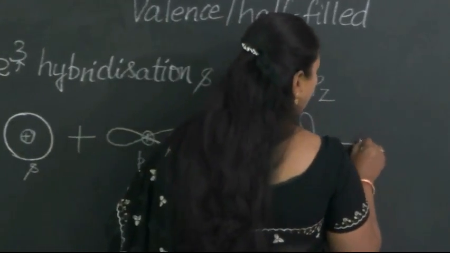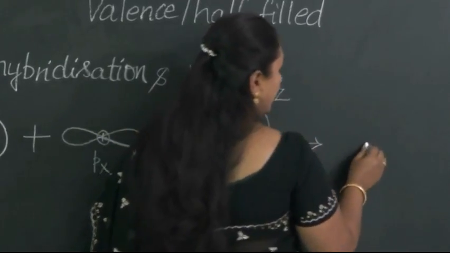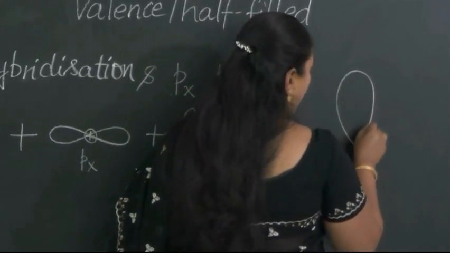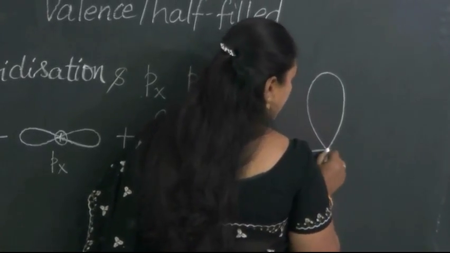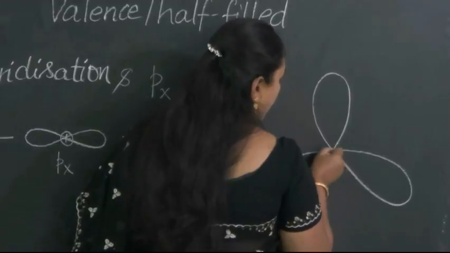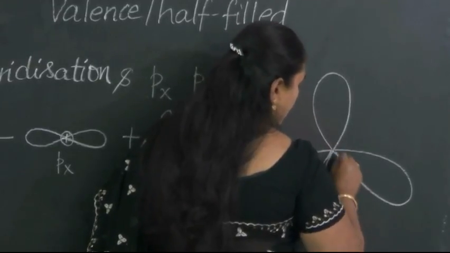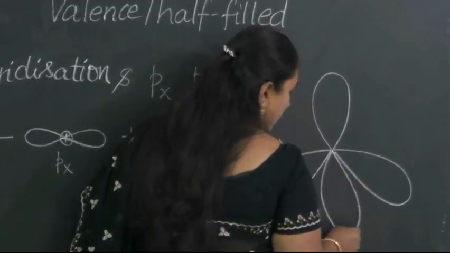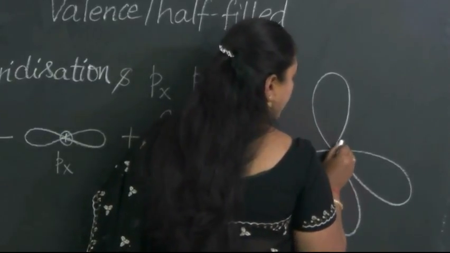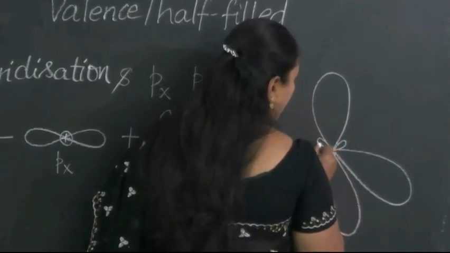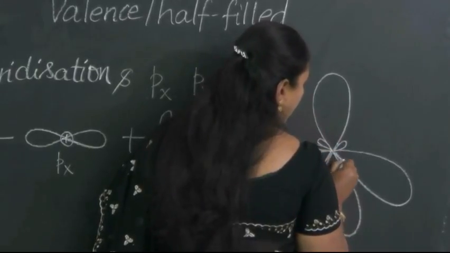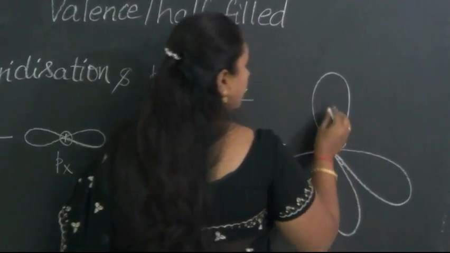Now, what will be the product obtained? We will land up in the formation of hybrid orbitals. So, how many hybrid orbitals will we be obtaining? 4.